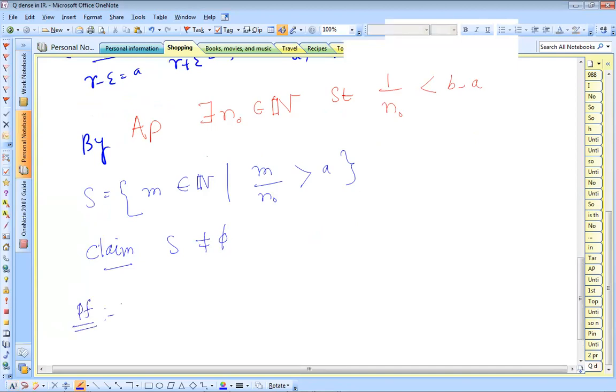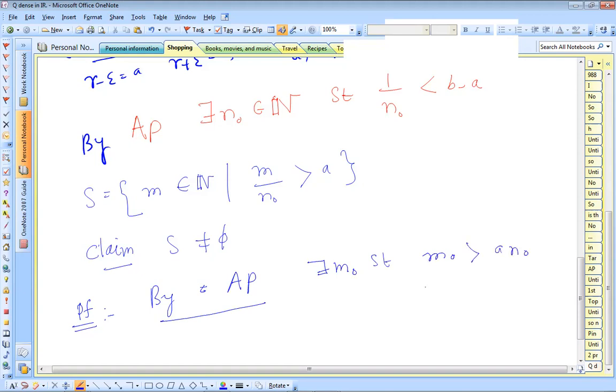Look, by the Archimedean property, there exists an m naught such that m naught is greater than a times n naught.